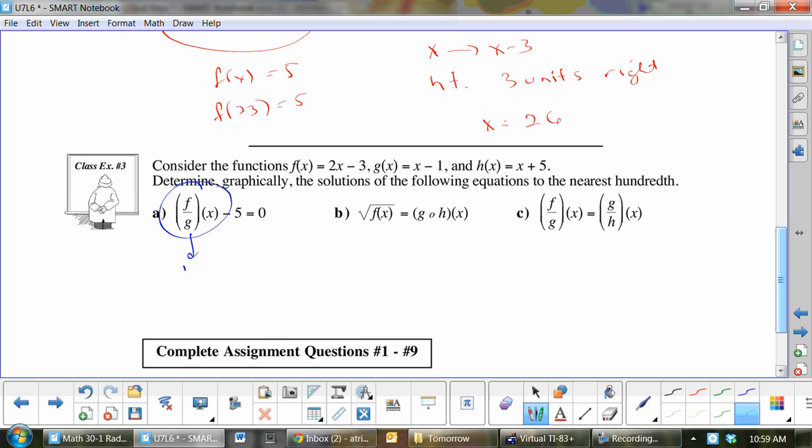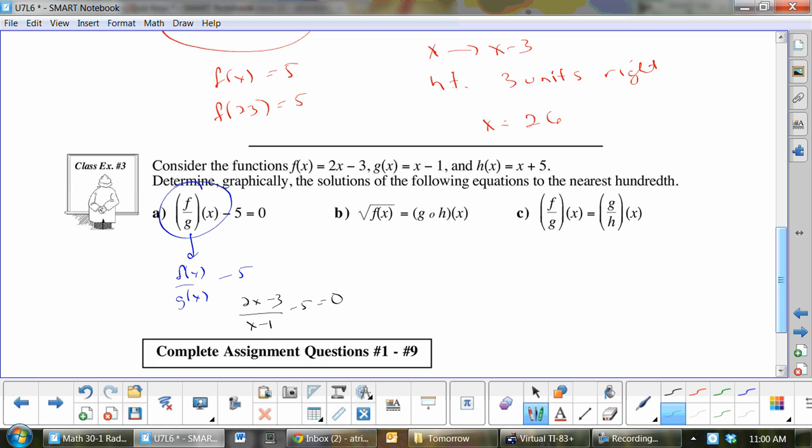Yes, it does mean f of x over g of x minus 5. Now, f of x is 2x minus 3. G of x is x minus 1, minus 5 equals 0.